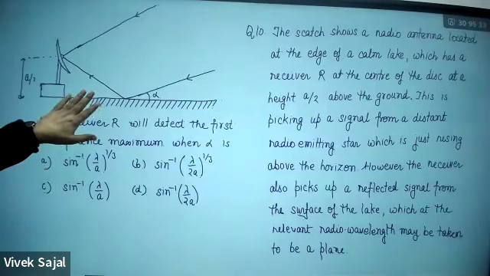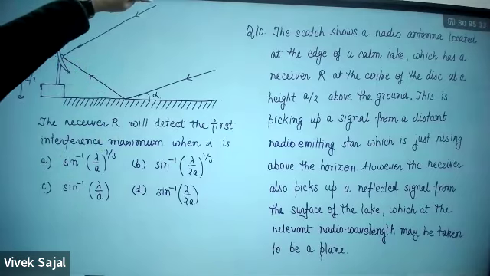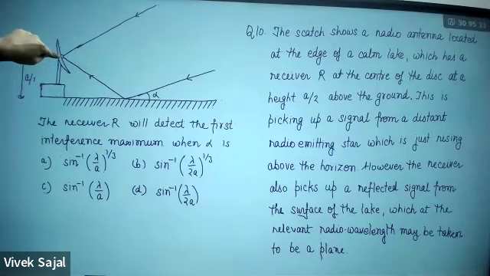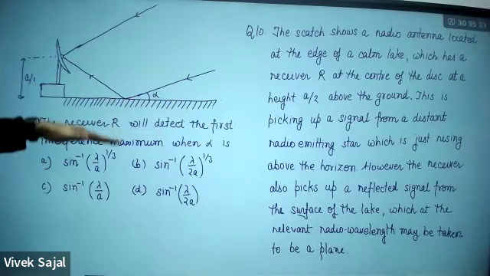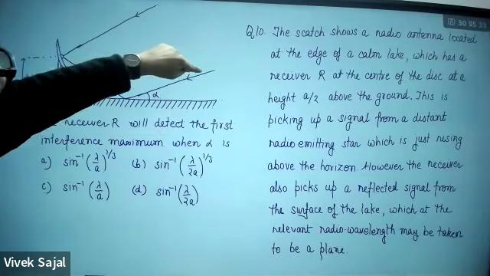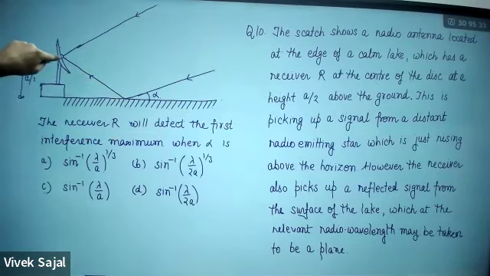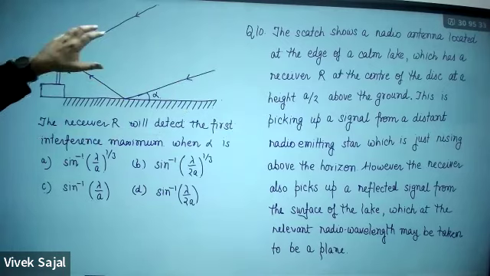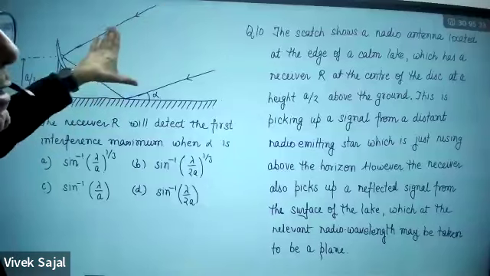What you have to do, I can tell you one thing, is find out the path difference. This light is coming directly to the receiver, and another light, this is a lake, okay, water lake. So here one part of the light is reflected from the lake water and reaches the receiver antenna here. This antenna is receiving two different paths here. This was a single wavefront. It is divided into two parts.